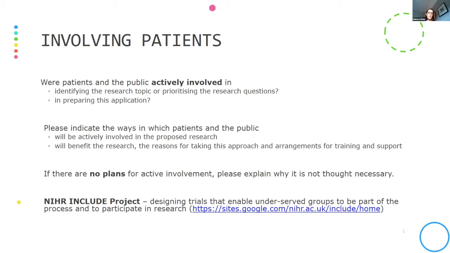And it may be, for example, that you are running a trial where an underserved group for that particular trial might live rurally. And it might be as simple as making sure that you include adequate resource to allow those patients to travel in to take part in the research in local hospitals.